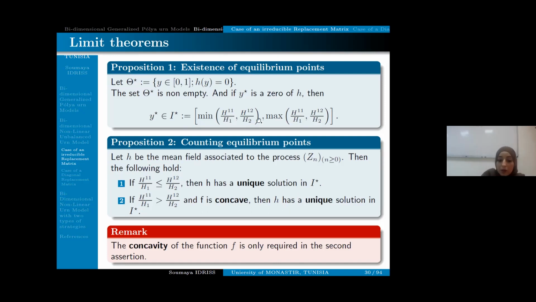If we delete this concavity assumption, we have no information about H. The concavity helps to better see the zeros of the function H. Actually, I tried to work on this condition without the concavity, and I got stuck for 3 or 4 months. Finally, I gave up.